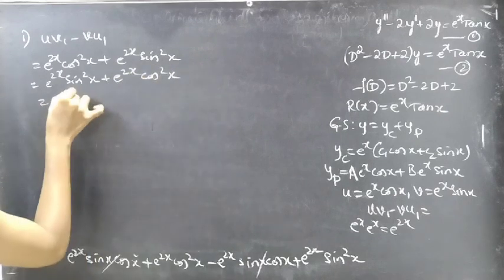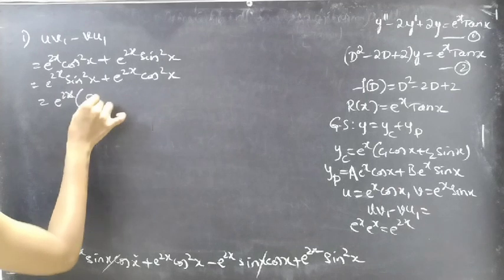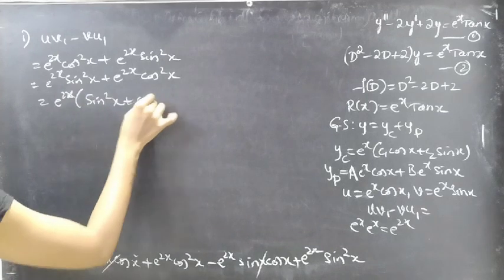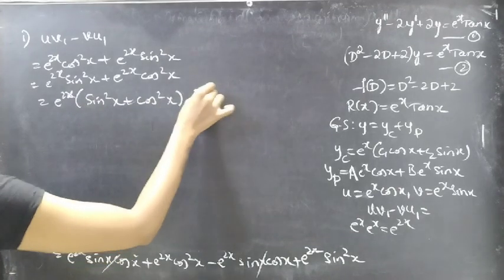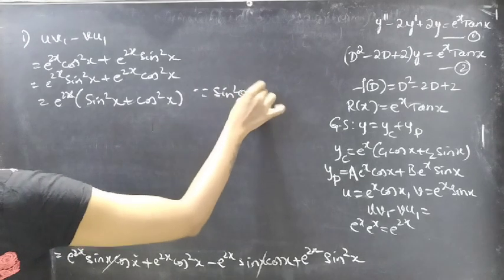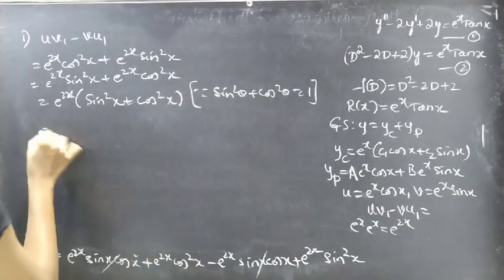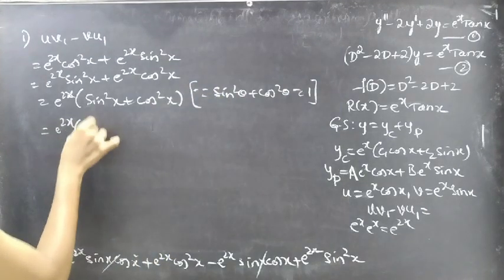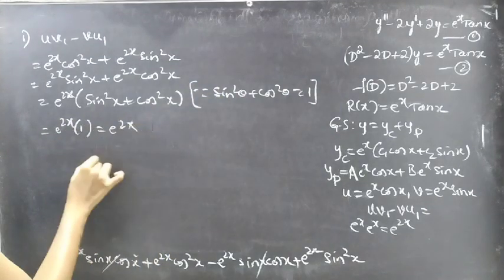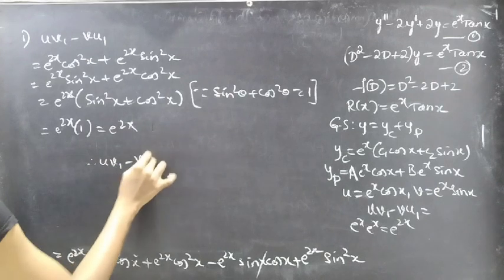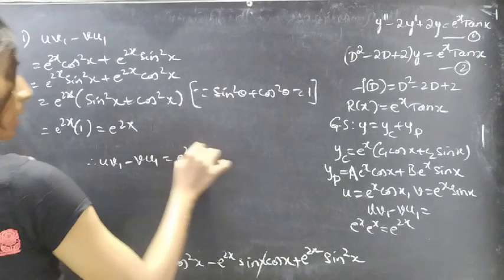Now just take e power 2x common from the two terms. We'll get e power 2x times (sin square x plus cos square x), since we know that sin square theta plus cos square theta equals 1. So we'll get e power 2x into 1, which gives us e power 2x. Therefore, uv1 minus vu1 equals e power 2x.